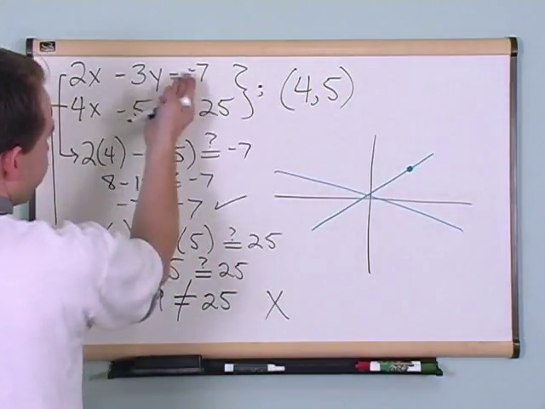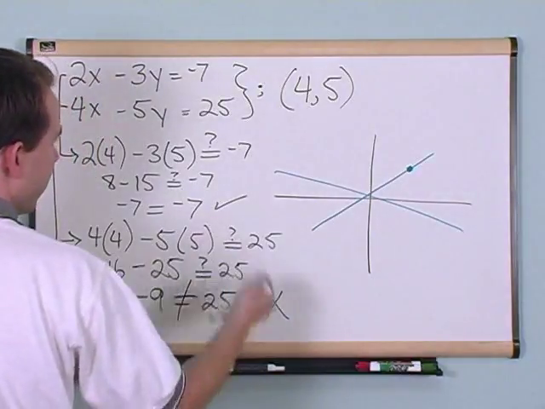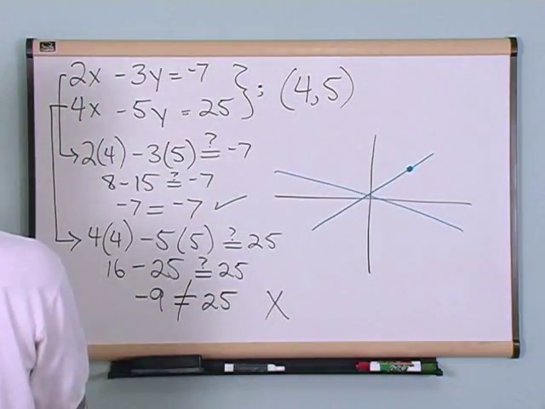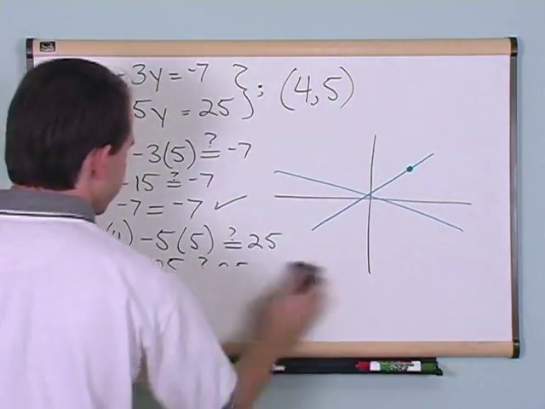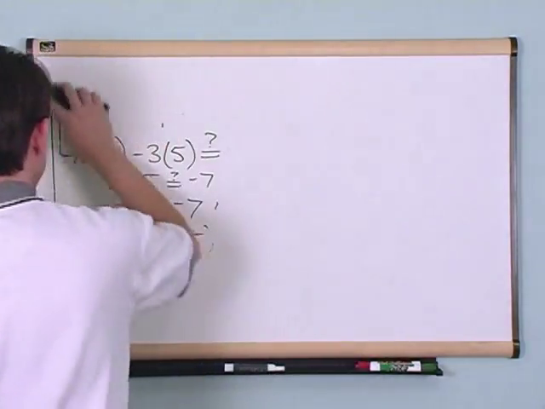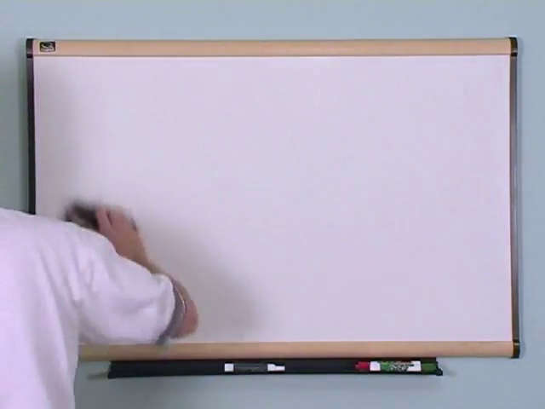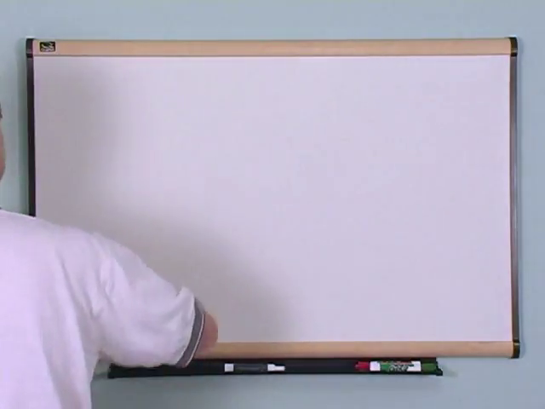It's a point on the first line, that's just fine, but it didn't satisfy the second line, and because of that, it is not what we call the solution to this problem, which is solving the system of equations. What we're trying to do here is find the point that's common to both of these lines.